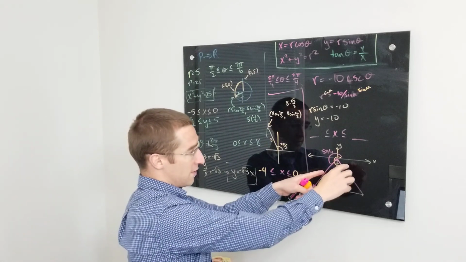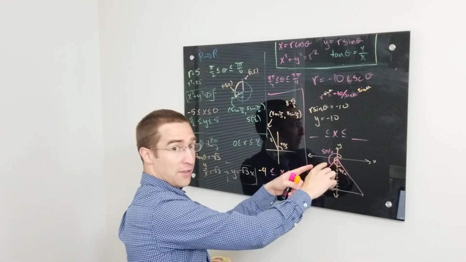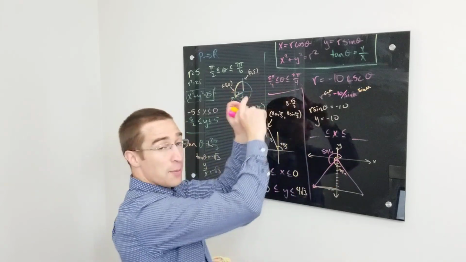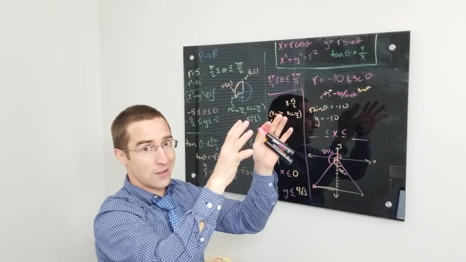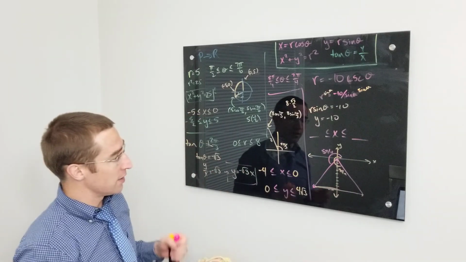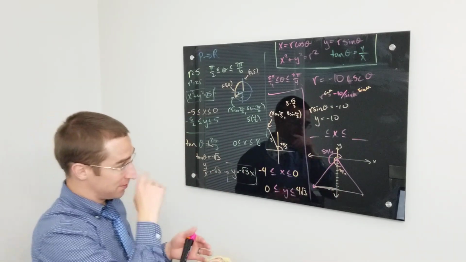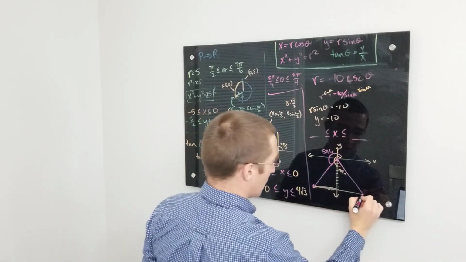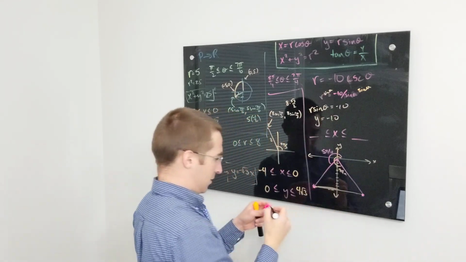Because this reference angle is pi over 4, that reference angle is pi over 4. If these were not both pi over 4, it would not be an isosceles triangle. It's not always going to be. It won't be on all the assignment problems. Okay, but let's just go ahead and figure out, what are these points?